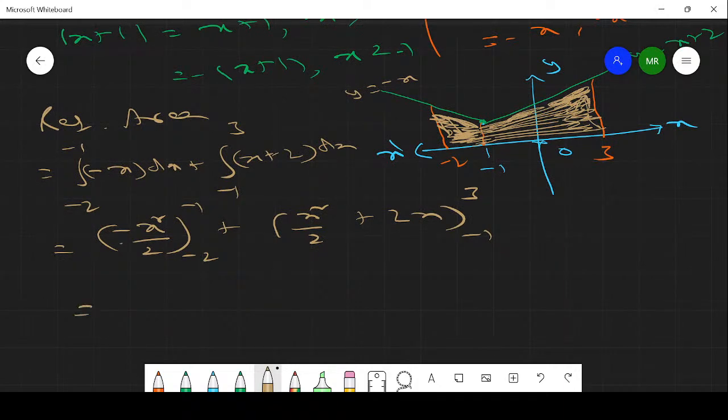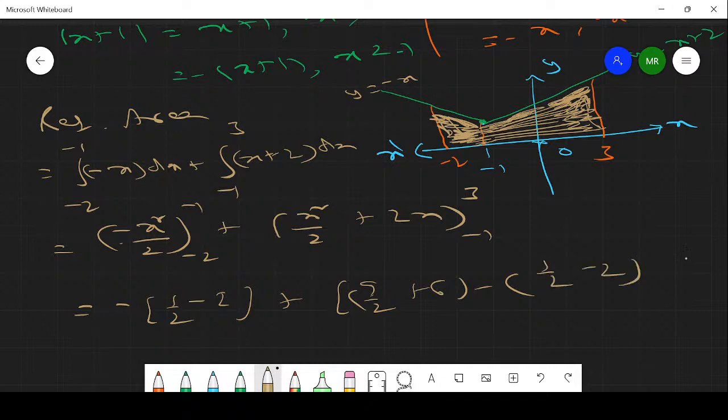So if you apply the upper limit and lower limit here, you can simplify. This will become minus of 1 by 2 minus 4 by 2, plus 9 by 2 plus 6, minus the lower limit, minus of 1 by 2 minus 2.